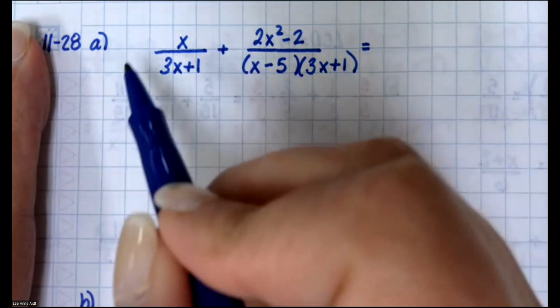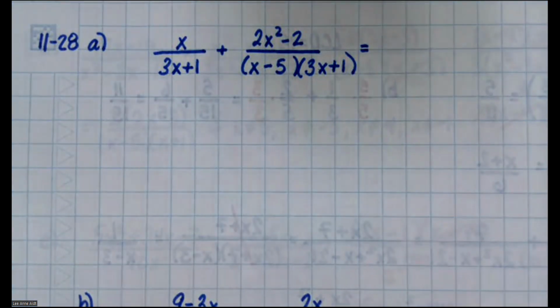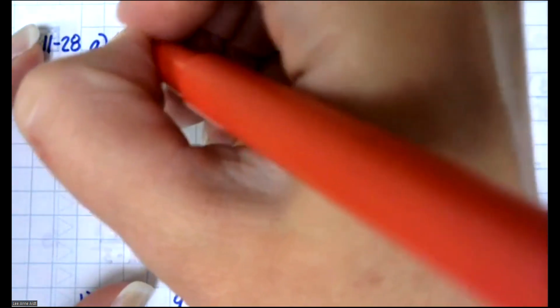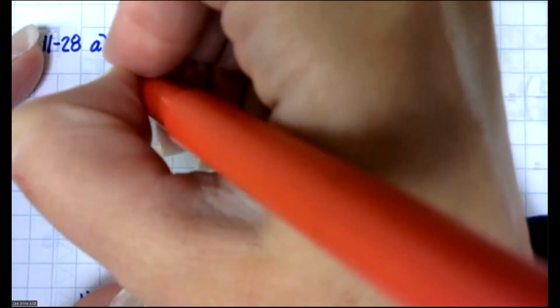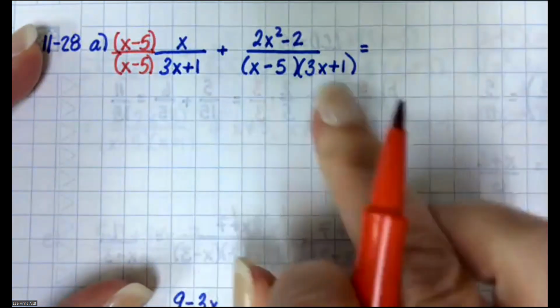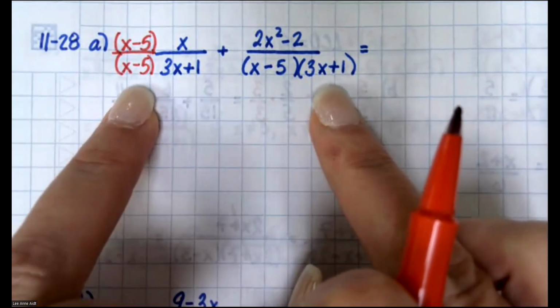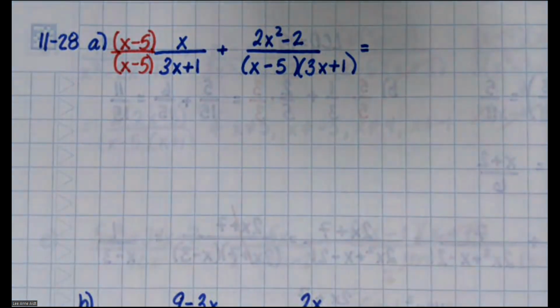What does this side need? X minus 5. Beautiful. So you're going to multiply by a giant 1 made of the other thing. You already have this thing.